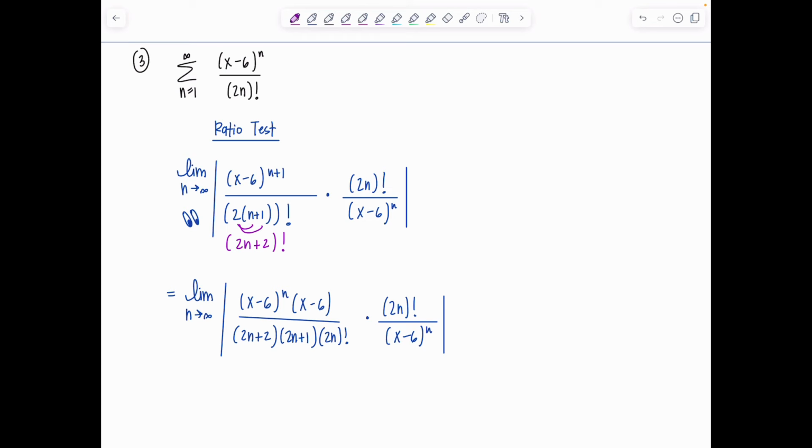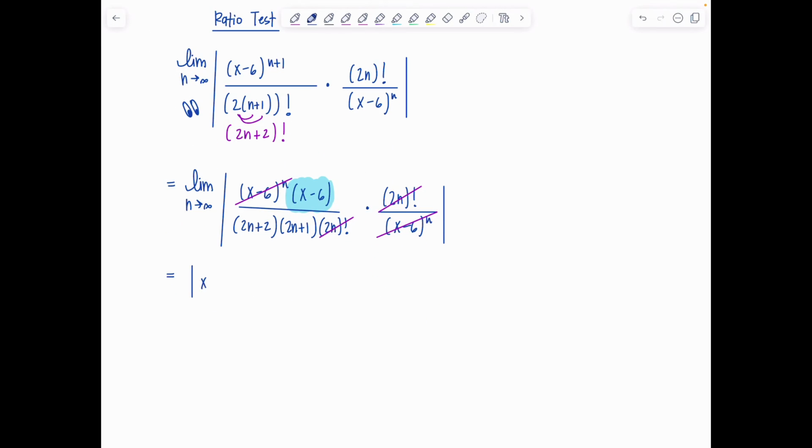Beautiful. So then cancel party: x minus 6 to the n cancels, 2n factorial cancels, and that's it. The cancel party has come to an end. So in the next step, I'm going to take out whatever doesn't involve n. In this case, it's going to be absolute value of x minus 6.